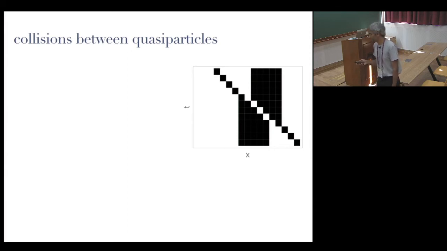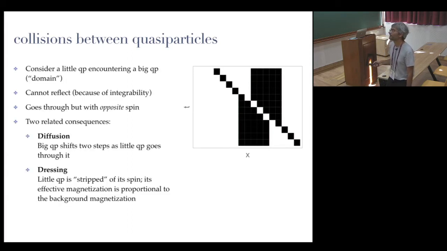So the upshot of this process is two things. The first, and most important, is that the heavy domain has now moved by 2 steps. And the second is that while the light string is going through the heavy string, it's flipped its sign. So it's gone from being a thing that carries an upspin to a thing that carries a downspin while it's in here. Those are the 2 basic phenomena that are beyond the free particle approximation.